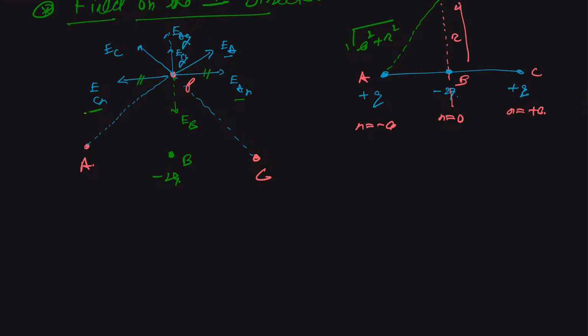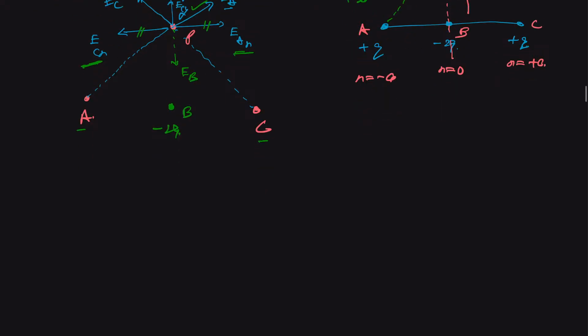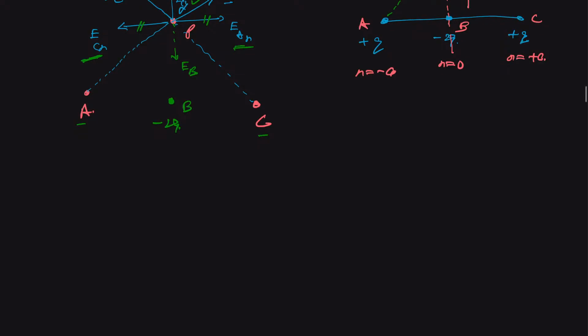Okay. So the x component of both A and C, or we can say the horizontal component, will cancel out. So only the vertical components of both are going to add, EAY and ECY. So it means the field will be only in the vertical direction. And if we take upward as positive, then downward will obviously be negative.